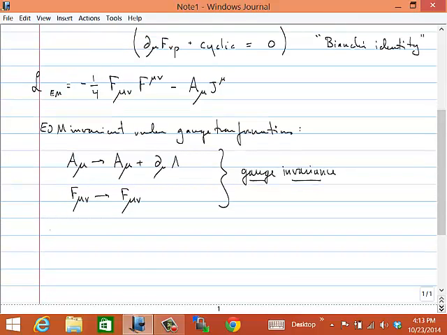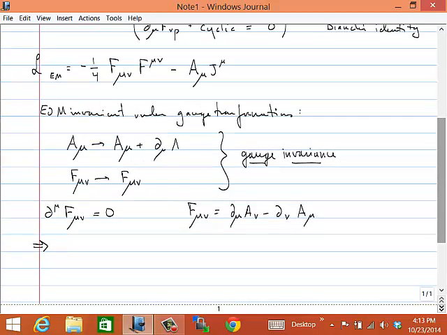Okay. So the equations of motion, d mu F mu nu equals 0, can be written not as equations for F, but as an equation for the four potential A. So using the fact that F mu nu is a derivative of A, you could just go ahead and plug that into Maxwell's equations, and you get a second order differential equation for A. So what is it?